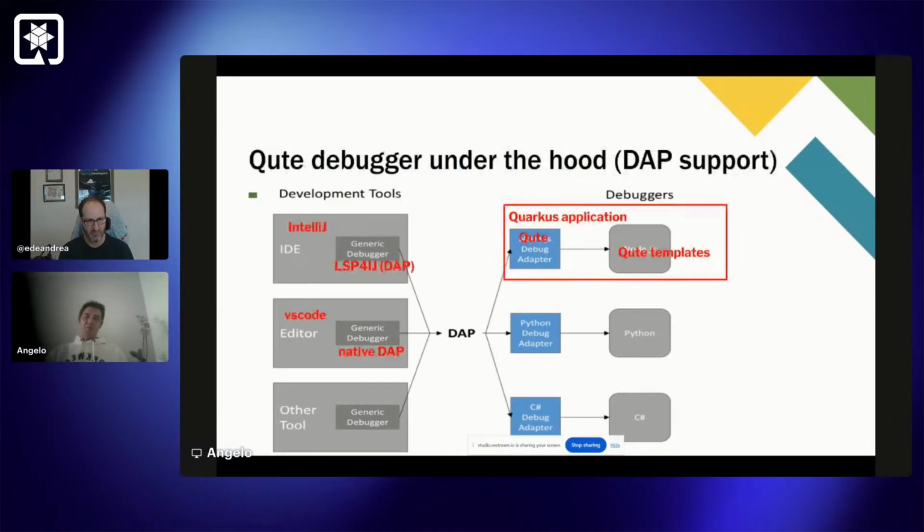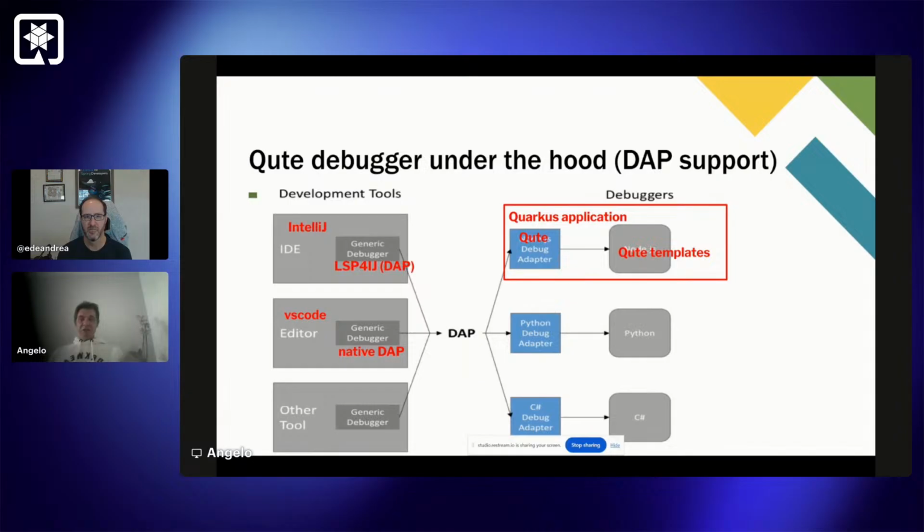So you can see in this screenshot the case with Qute. As the IDE, we have IntelliJ, and as the generic debugger, we have LSP4IJ, which provides the DAP support. On VS Code, DAP support is native, so we don't need to develop anything.